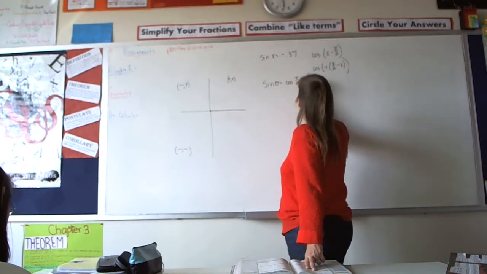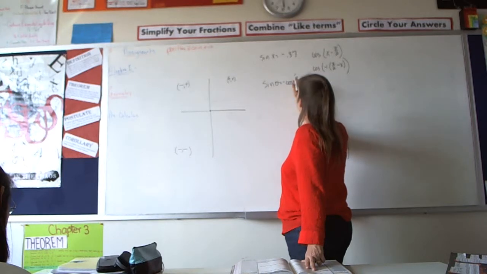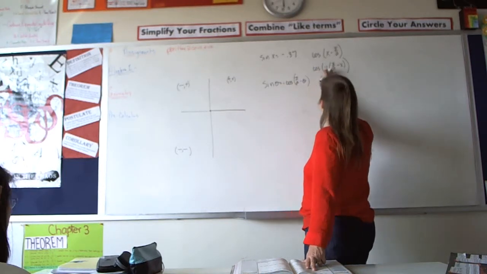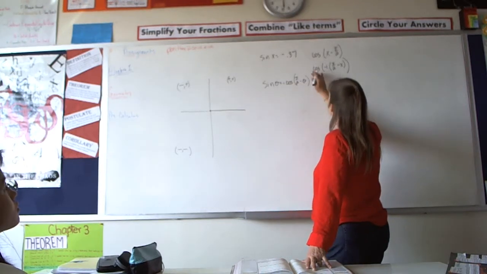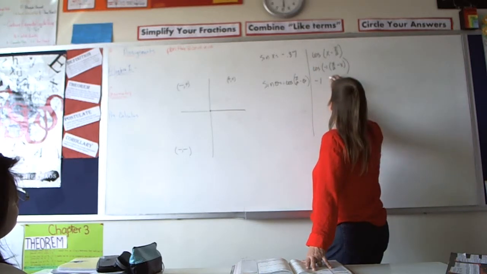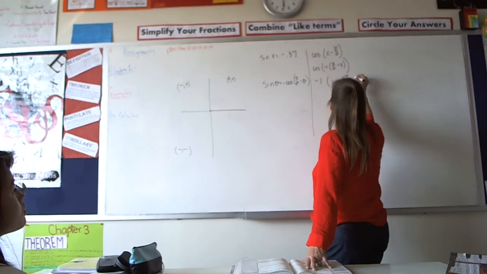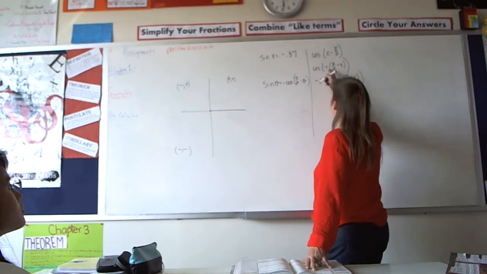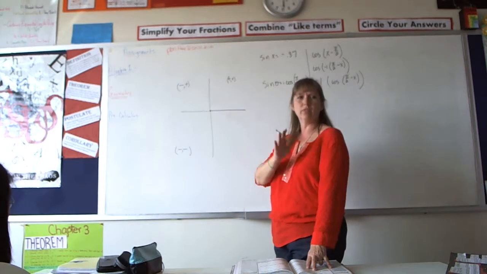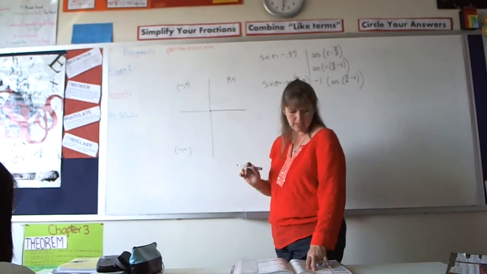You do basically what you did in the last one, you just make it negative sine. I'm going to bring that negative sign out front: -1 cosine of pi over 2 minus x. Yes, you can do that. You can bring the negative out front. Doesn't change anything, it's the same.